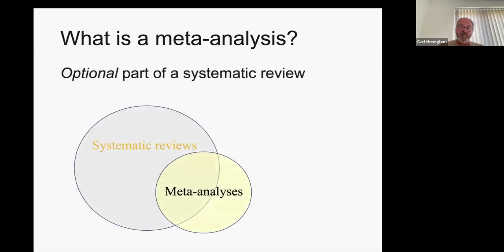It's an optional part of a systematic review. Not all systematic reviews have a meta-analysis. Not all meta-analyses are part of systematic reviews. So whether or not there is a meta-analysis doesn't define it as a systematic review, but it's an important one for quantitative analysis.